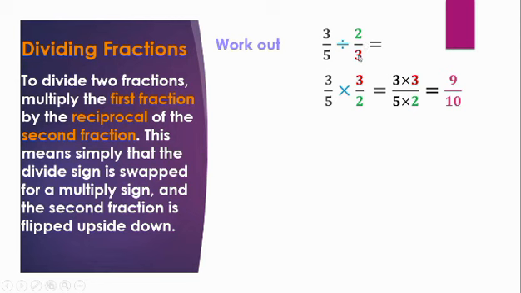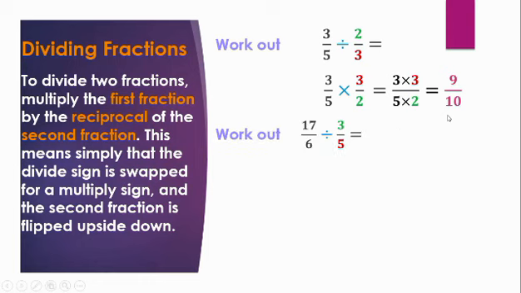Instead of 2 over 3, it becomes 3 over 2. So we change the division of fractions into multiplication of fractions. This means when you have multiplication between two fractions, you multiply the numerators by each other, 3 times 3, and the denominators by each other, 5 times 2, to get 9 over 10.